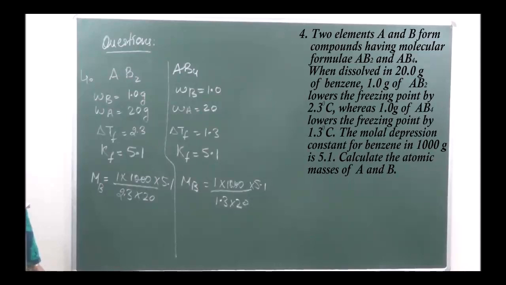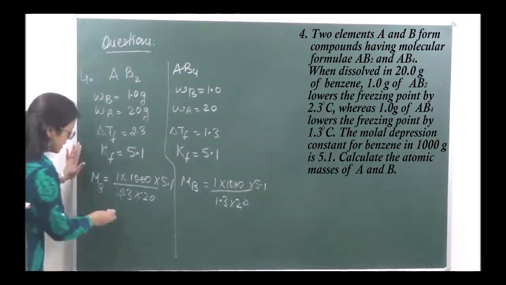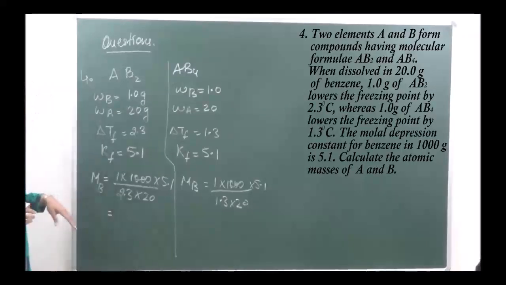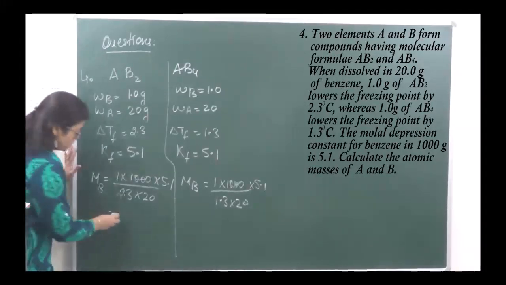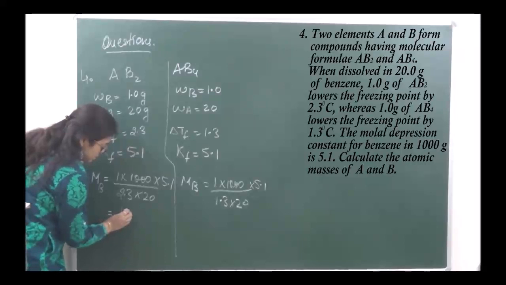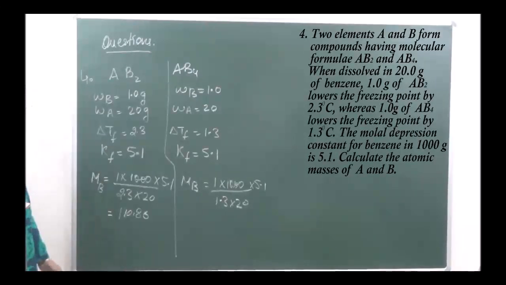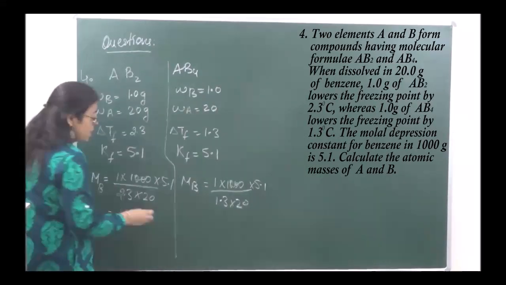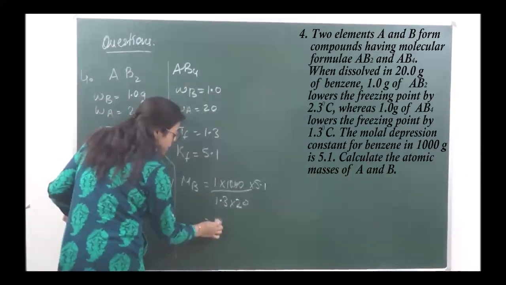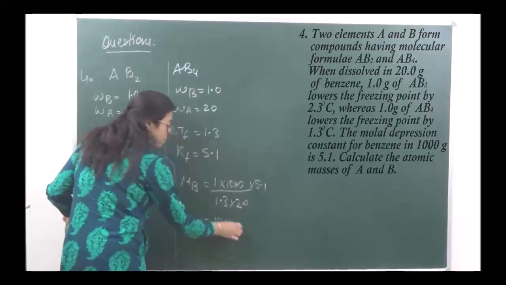So MB in the first case comes to 110.86, and MB in the second case comes to 196.15.